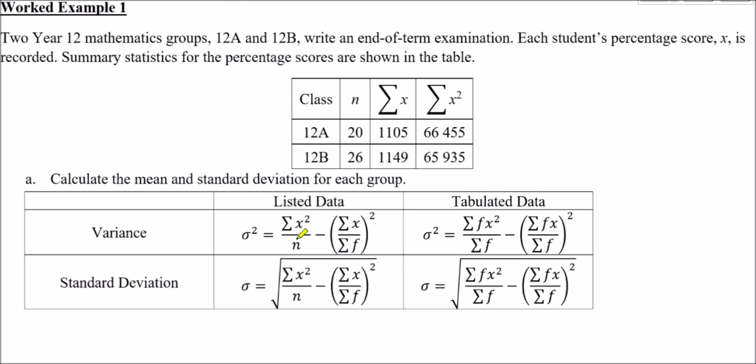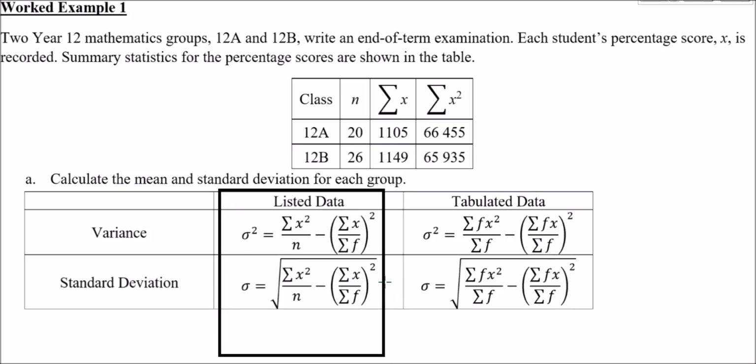This listed data is going to be the easiest thing to use here. So if I just hone in at the listed data, we're told we need to know about sigma x squared. This is for standard deviation and the variance.